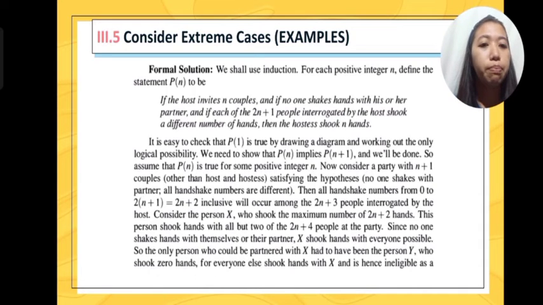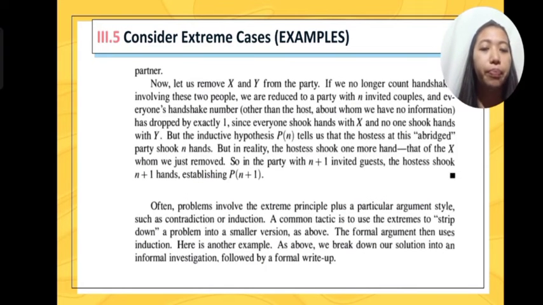So the only person who could be partnered with X had to have been the person Y, who shook 0 hands, for everyone else shook hands with X and is hence ineligible as a partner.